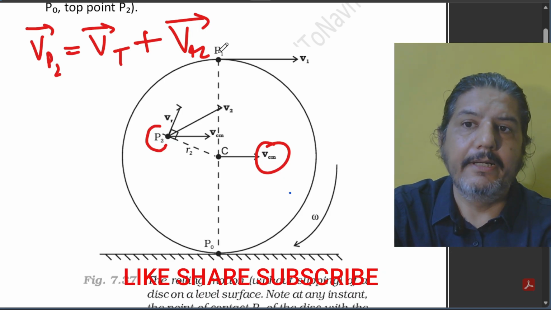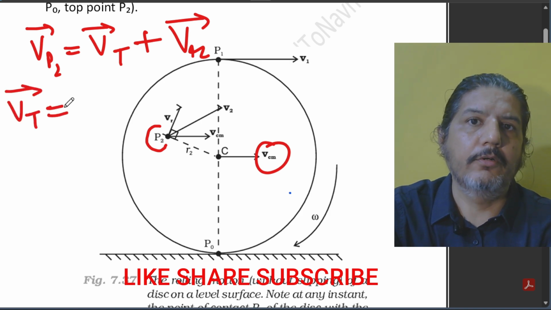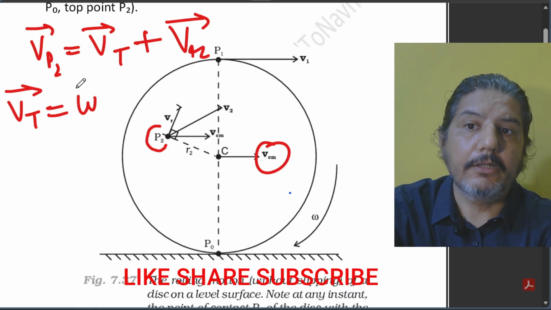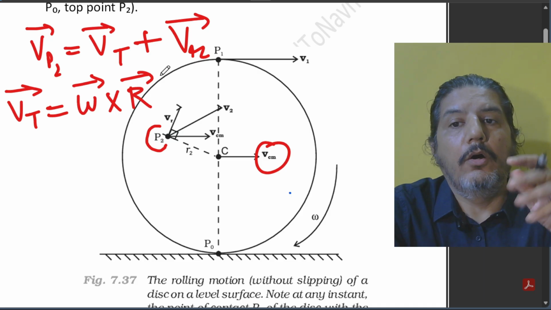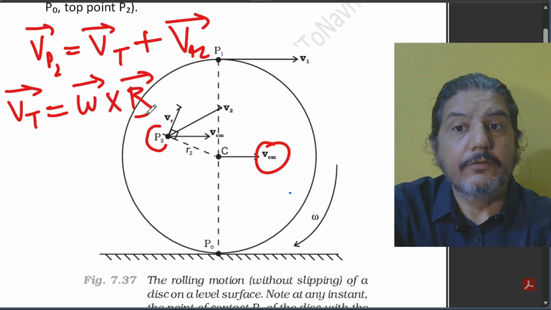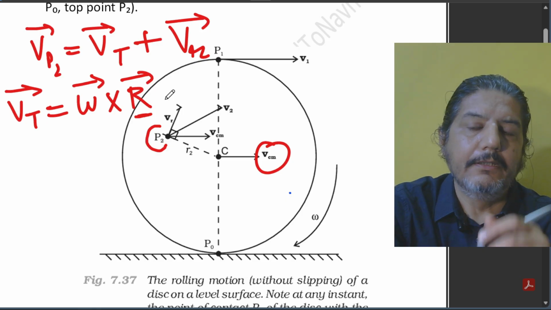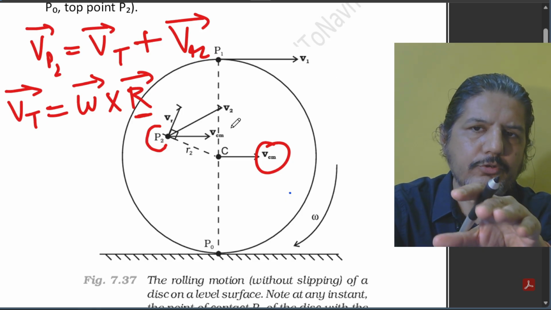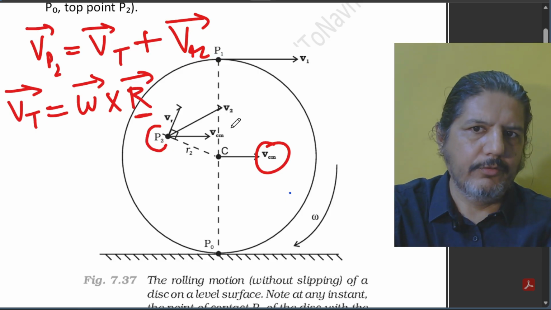Another thing that you should be very clear about is that this Vt, the translational part of the velocity, would be given by the vector product of omega by the radius of the wheels. That is very critical to understand. In the figure I am showing you right now, this is a single disk which is moving from left to right.